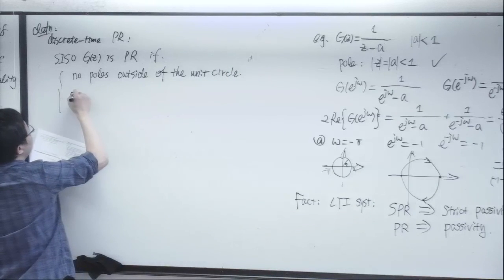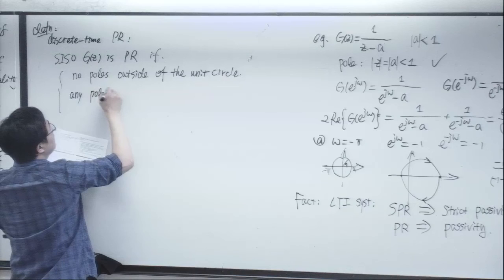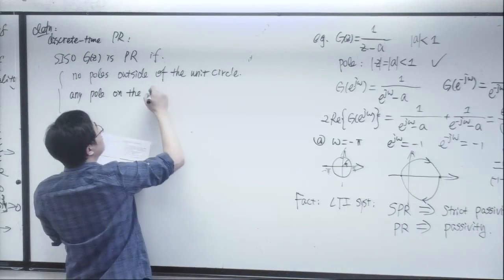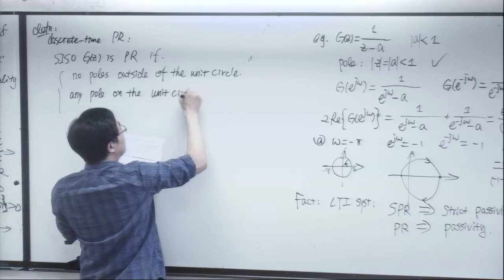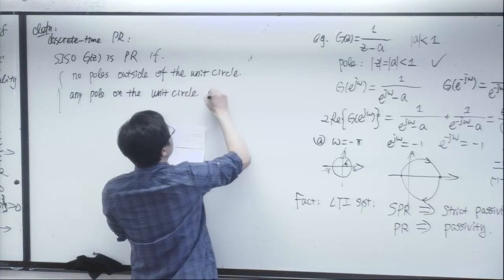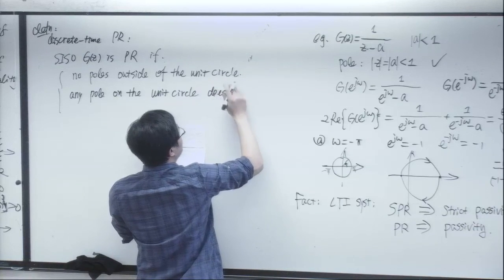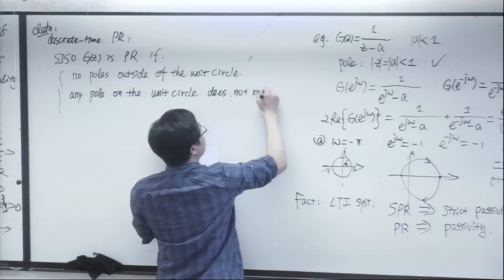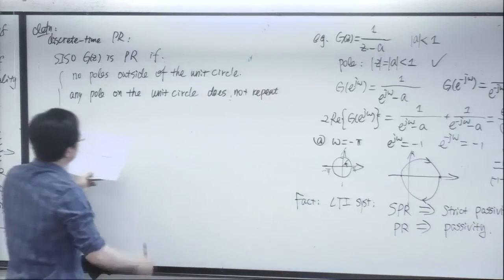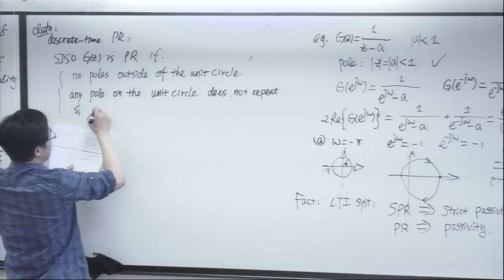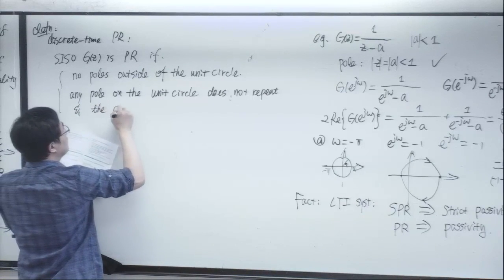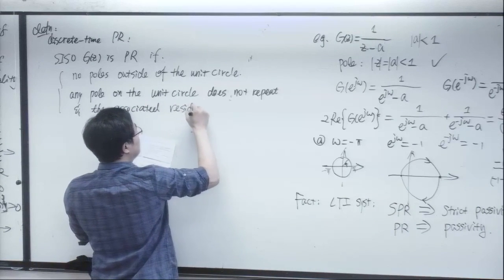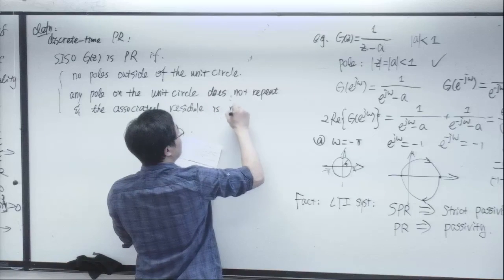And if it has marginally stable poles, they won't repeat, and the associated residual is non-negative.